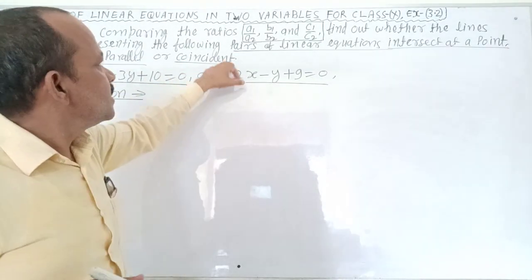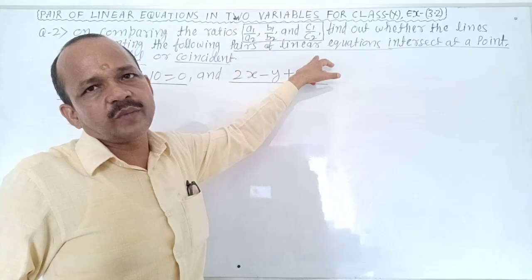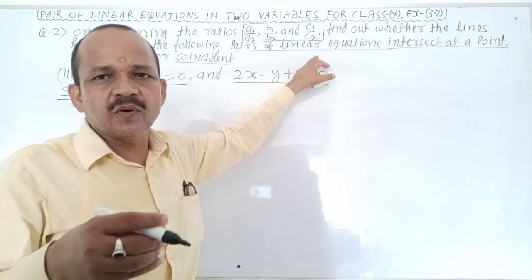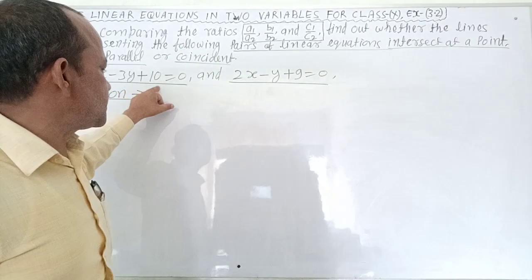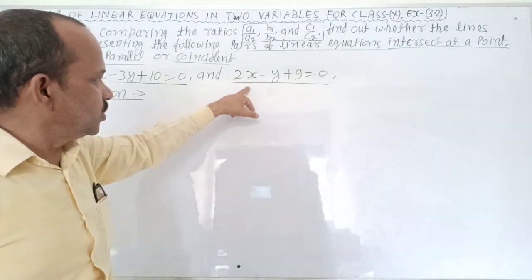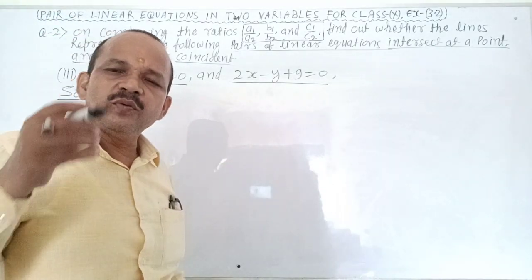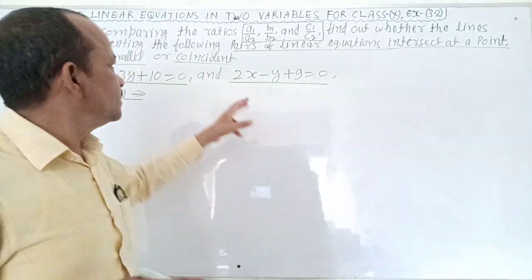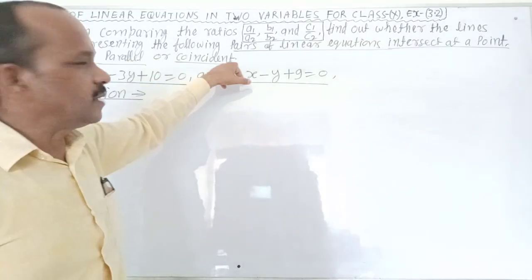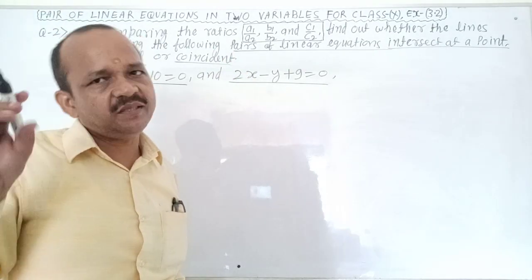It means you compare a1 by a2, b1 by b2, c1 by c2 with the help of two equations: 6x minus 3y plus 10 equals 0 and 2x minus y plus 9 equals 0. And you find whether these lines are parallel or coincident. Clear? No confusion about it? Very good.